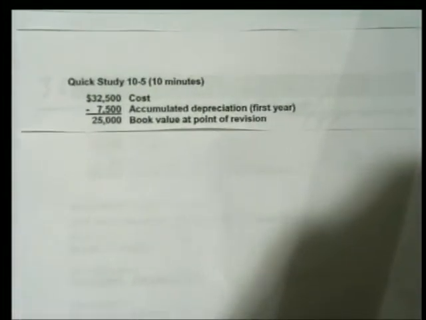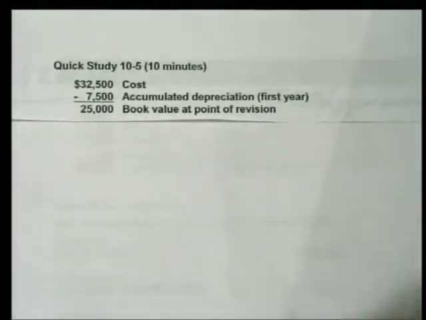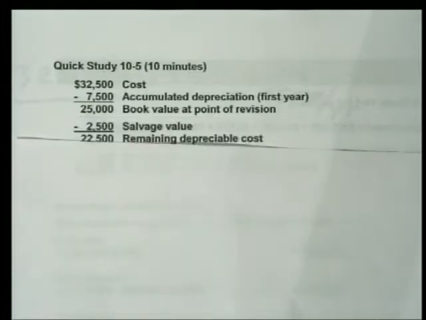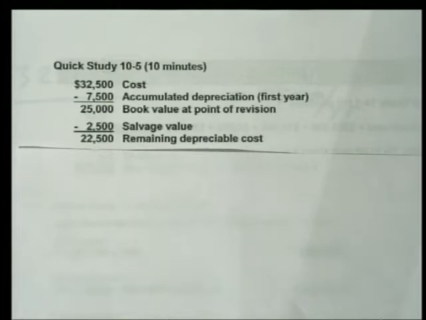So this is the book value at the date of change: $25,000, the cost of $32,500 minus the depreciation we've taken, in this case only 1 year. Then we subtract out the revised salvage value if it's been revised, and in this case it has not been revised. That would be our numerator in that equation: the book value at the point of revision minus the salvage value.